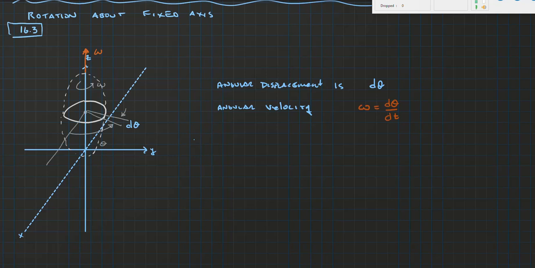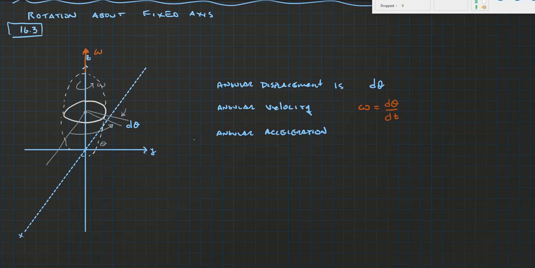Well, I can continue with this process and come up with an angular acceleration. And again, that will rotate about the axis that we're rotating about.